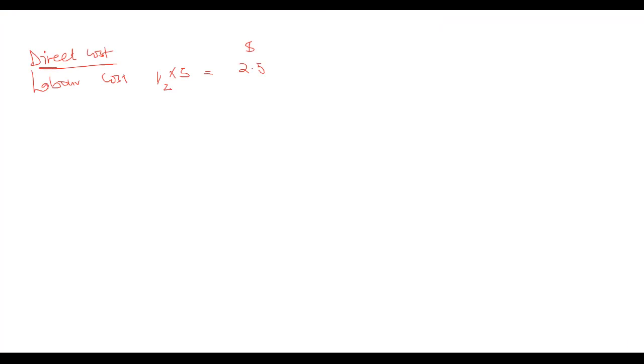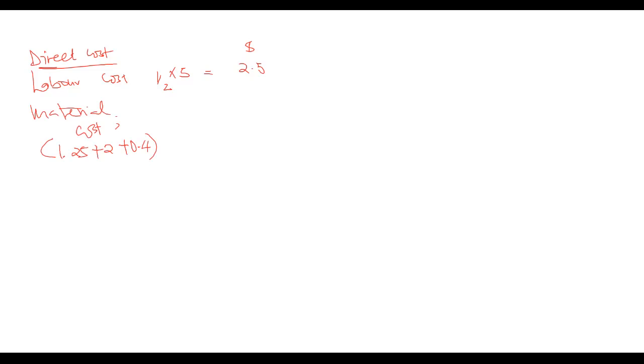So you have labor cost. Then here you have material cost. In material, there are three of them. We can just get the total here: 1.25 plus 2 plus 40 cents gives us how much?